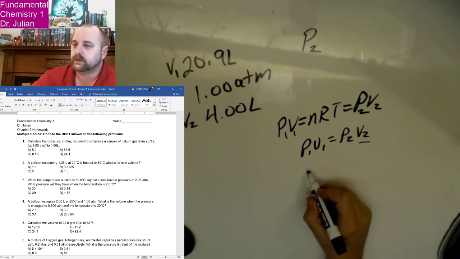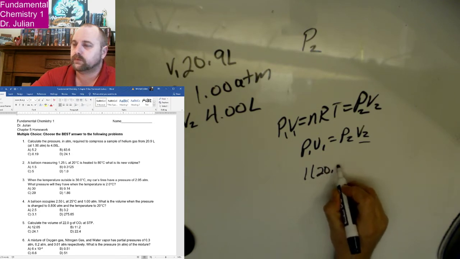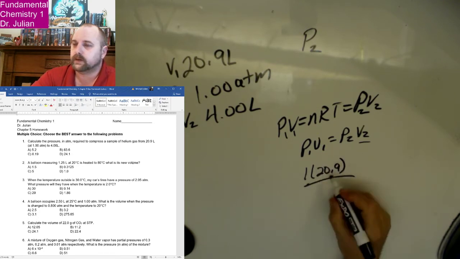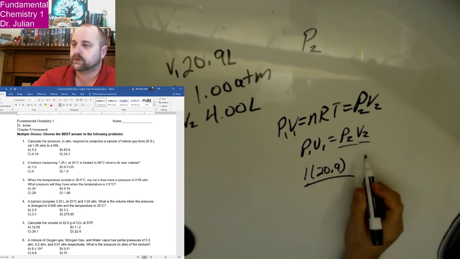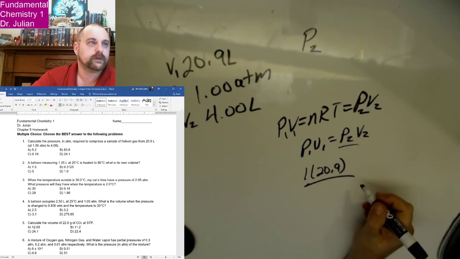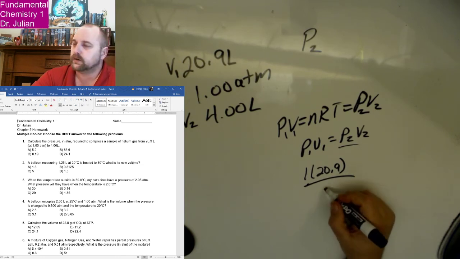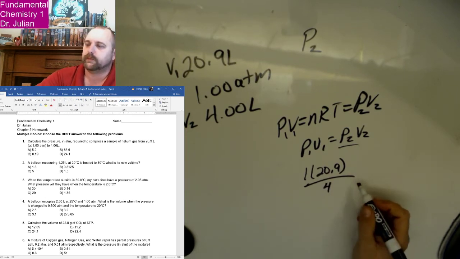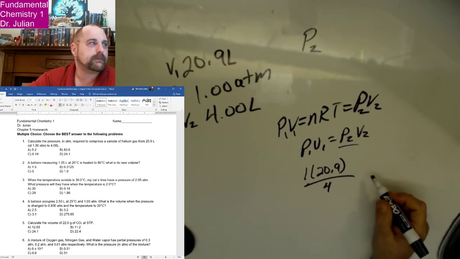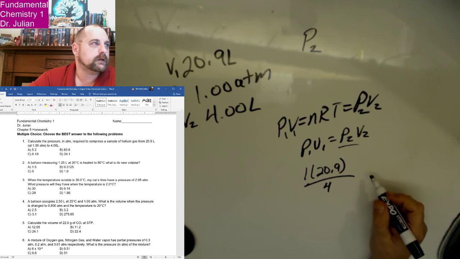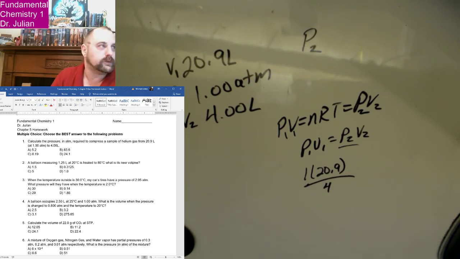So I'm going to solve for the... oh no, I'm getting pressure, sorry. So V2 is 4. 20.9 divided by 4, it's like 5.2.